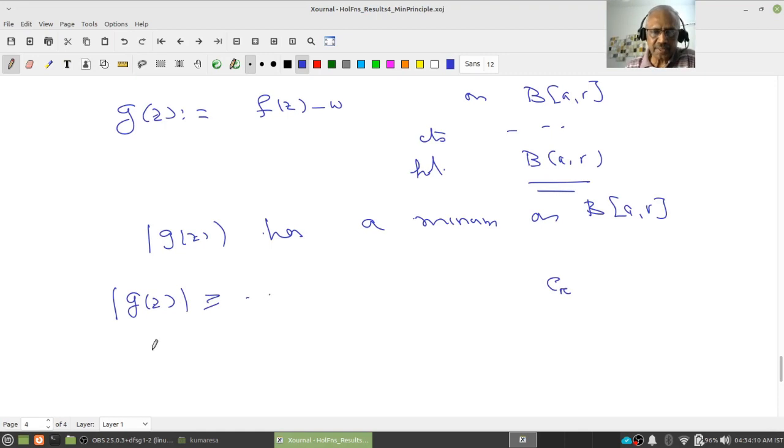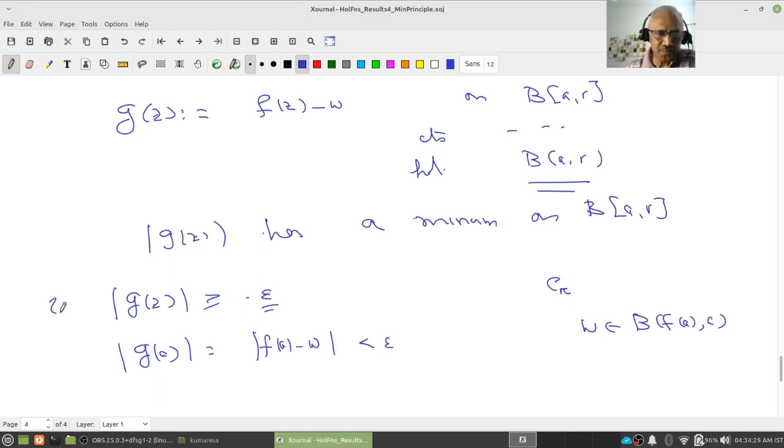It is greater than or equal to something, whereas g at a is f(a) minus w. But where does w lie? w is in B(f(a), epsilon), therefore this will be less than epsilon. Therefore if I show g on C_r is greater than or equal to epsilon, I am through.